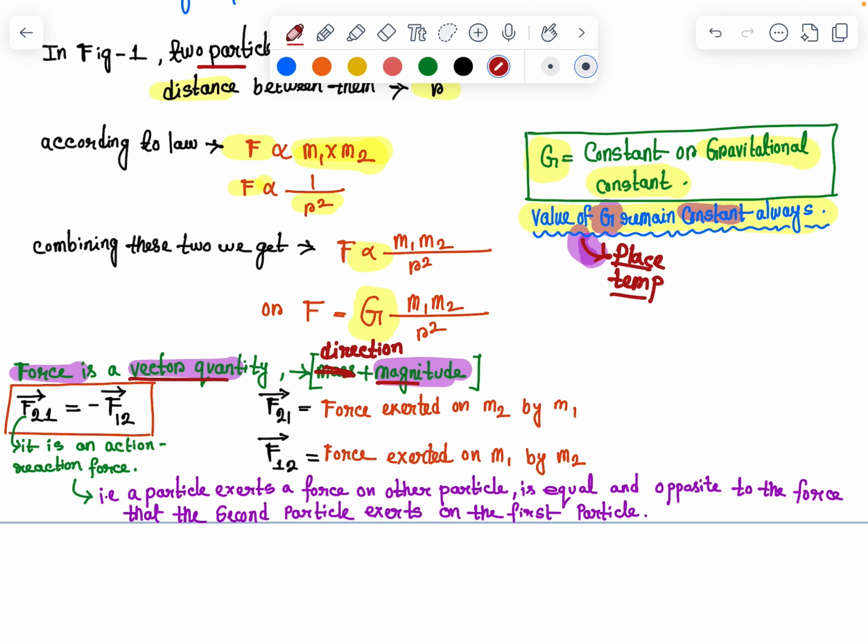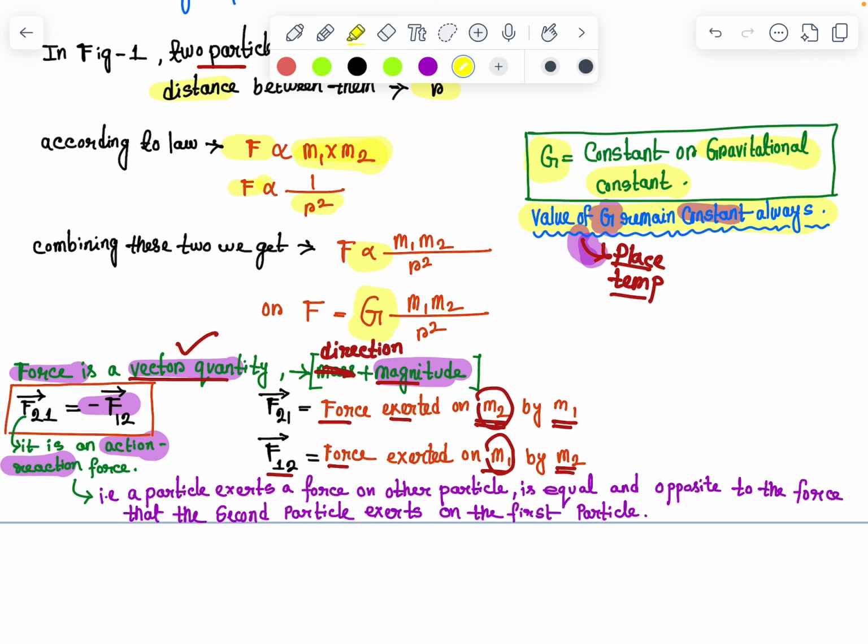Here I have shown F21, the force exerted on mass 2 by mass 1, and F12, the force exerted on mass 1 by mass 2. They will be equal and opposite forces. That is why it is also called action-reaction force. These two forces will always be equal and opposite. This is also Newton's third law, which you will learn about in higher classes.